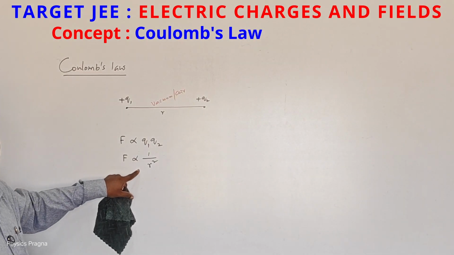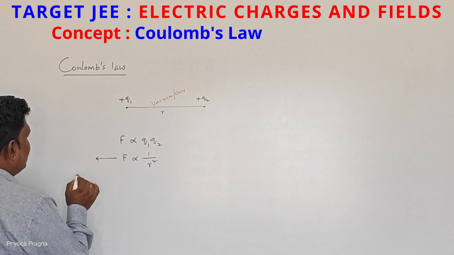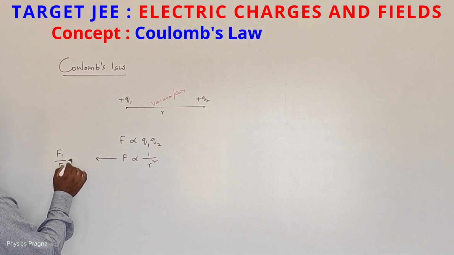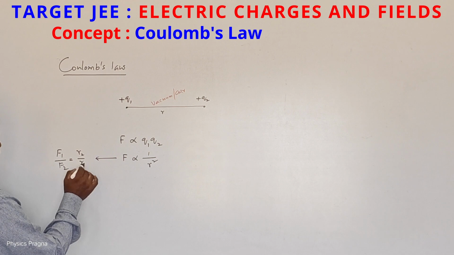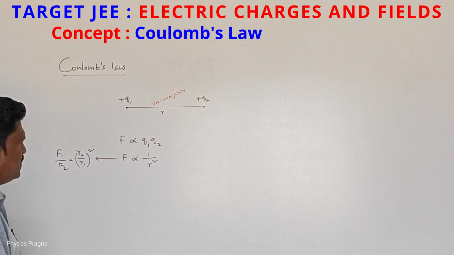This relation is called the inverse square law. From this, we can also get the formula F1 by F2 is equal to R2 by R1 whole square. This relation is also important for problems.